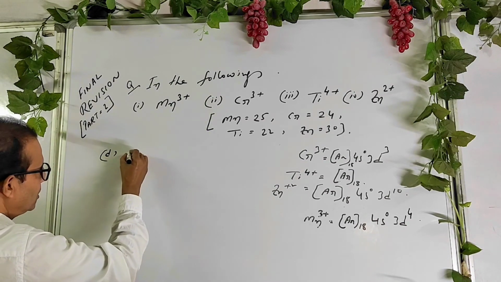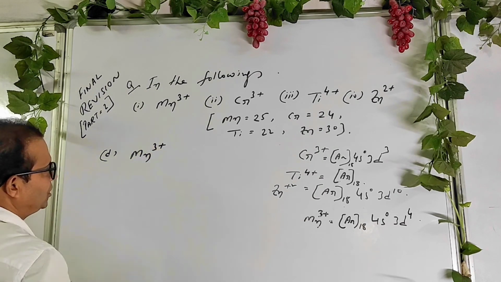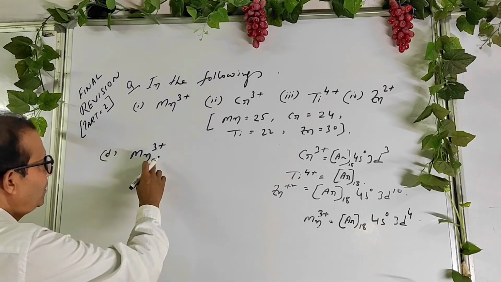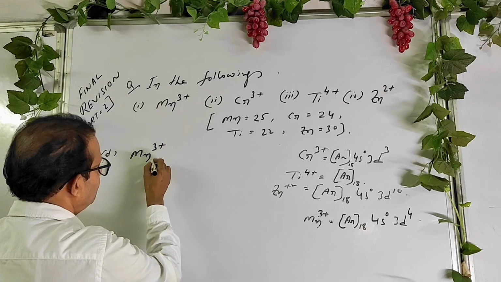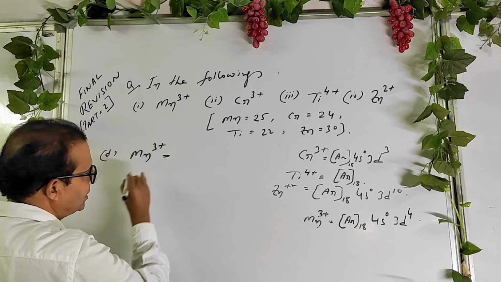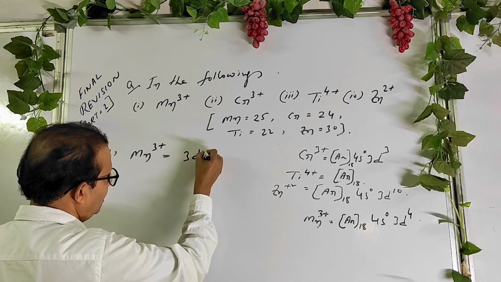So the fourth question answer: if we consider Mn 3 positive, it has configuration 3d4.